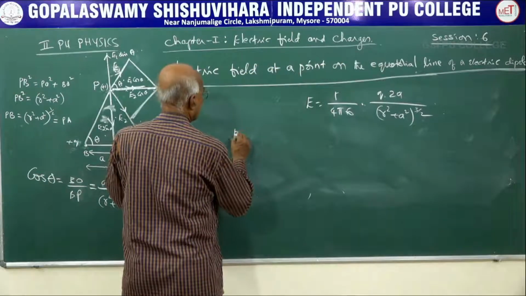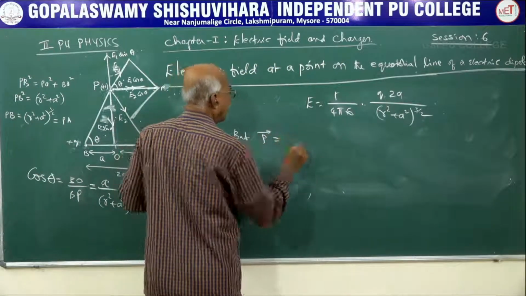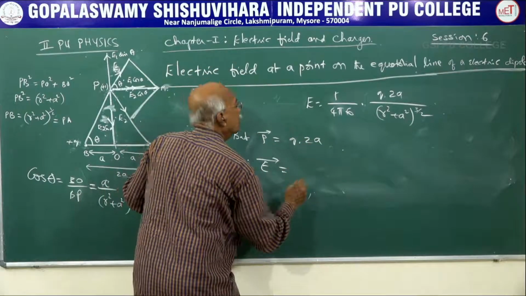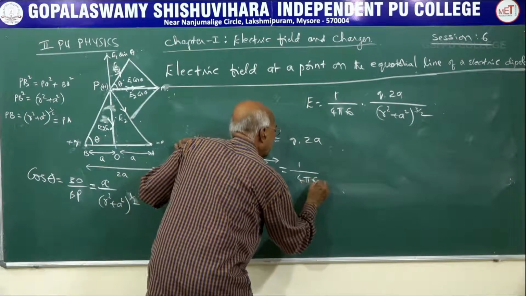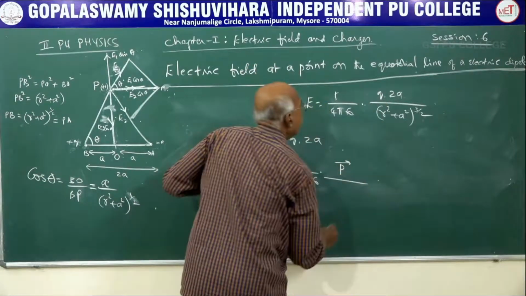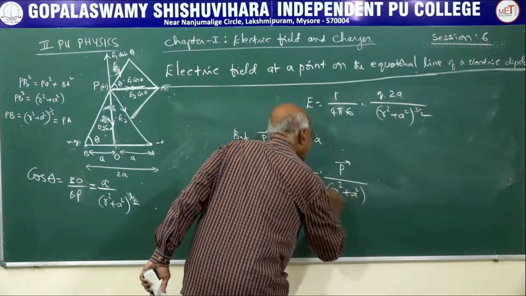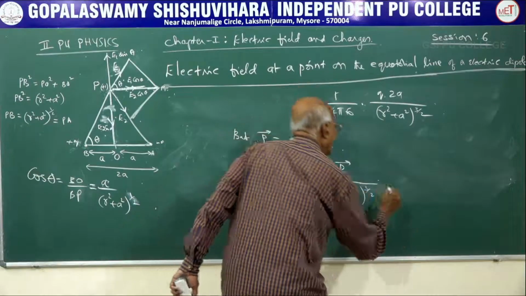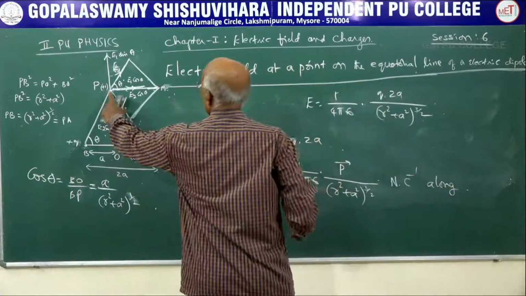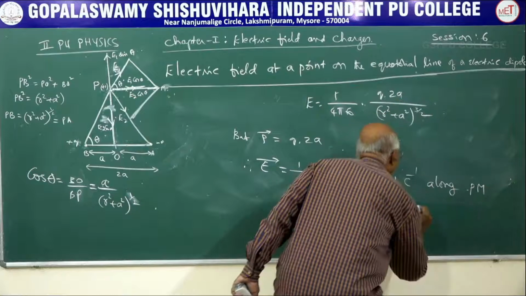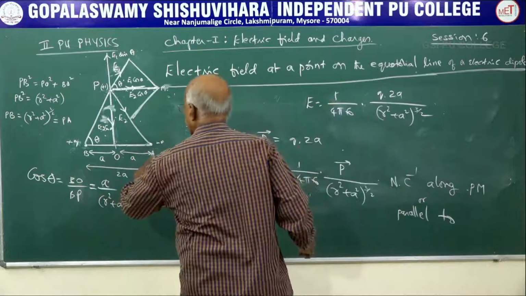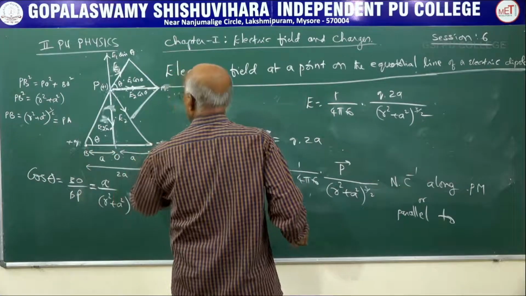But we know that dipole moment P is equal to Q into 2A. Therefore E is equal to 1 over 4 pi epsilon naught into vector P divided by R square plus A square to the power of 3 by 2, and it is in Newton per Coulomb, along PM, parallel to BA but in the opposite direction.